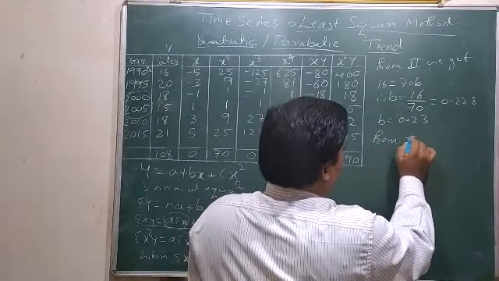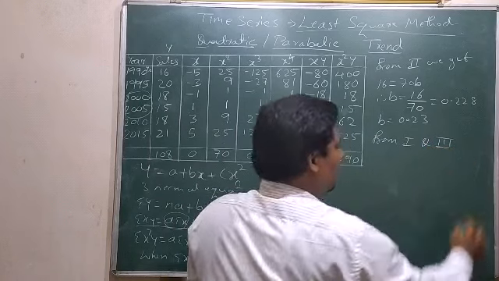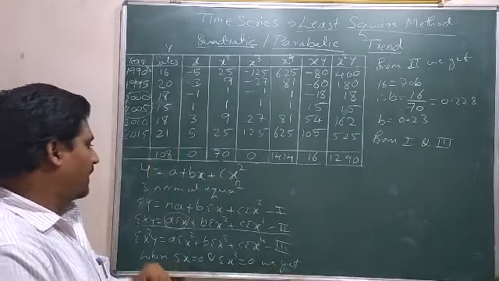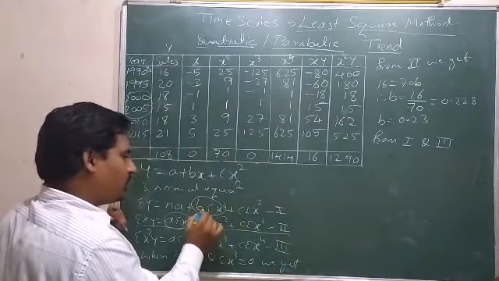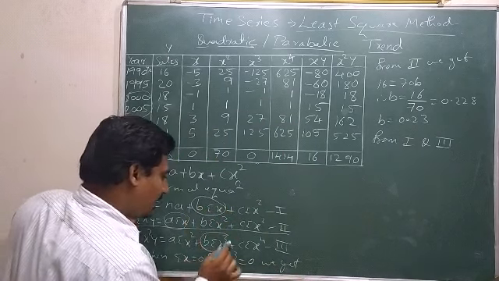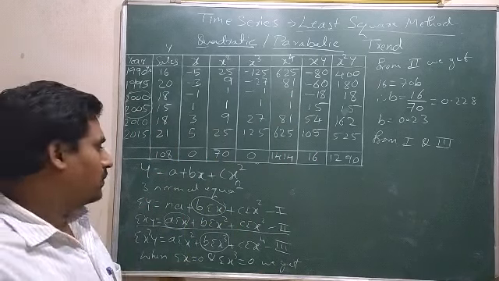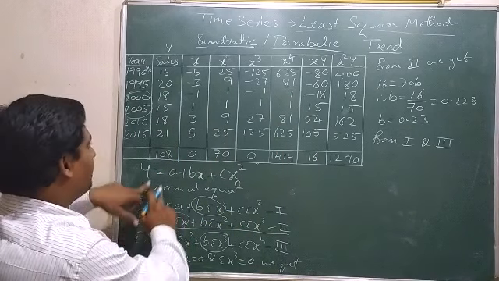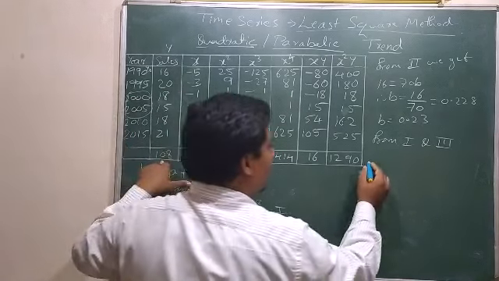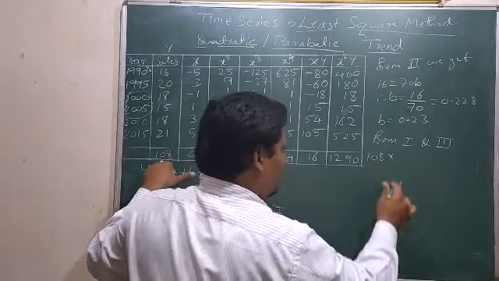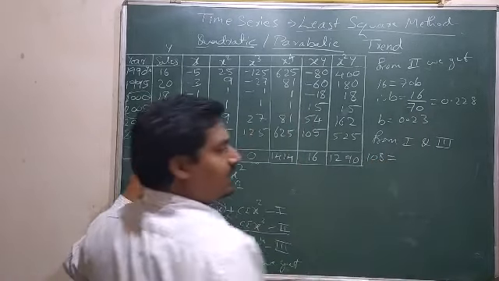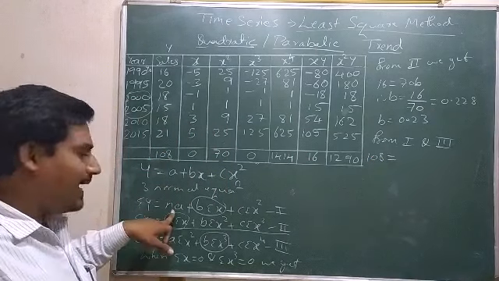Next, from the first and third equation. So from equation 1 and 3 we get, so here summation x is 0, so b becomes 0, and here summation x cube is 0, so here also b becomes 0. So what is left here? Summation y. Summation y is 108. 108 is equal to na.